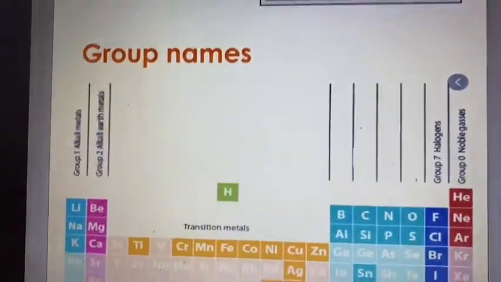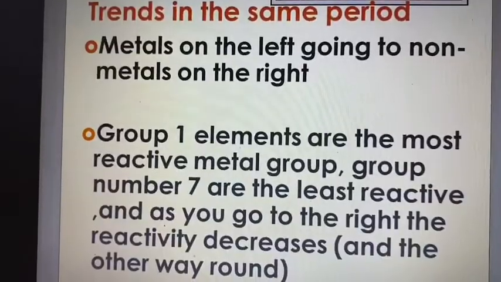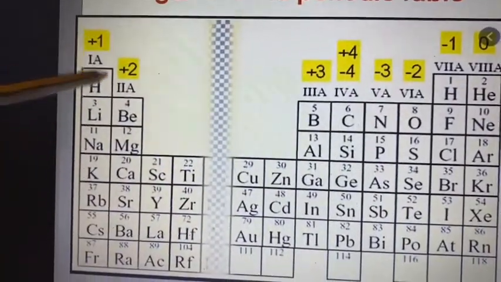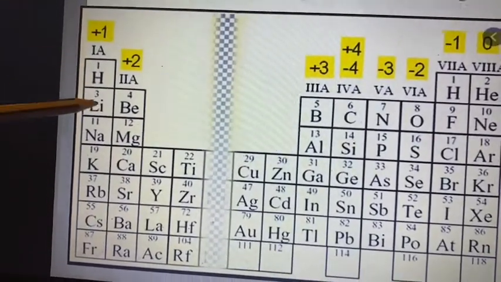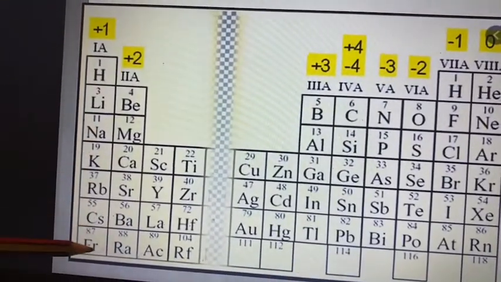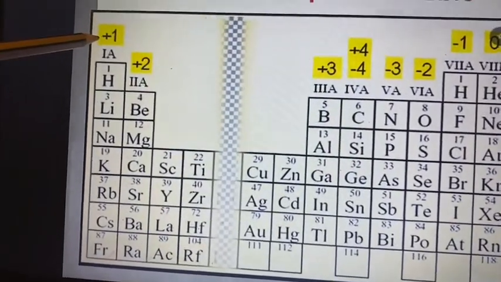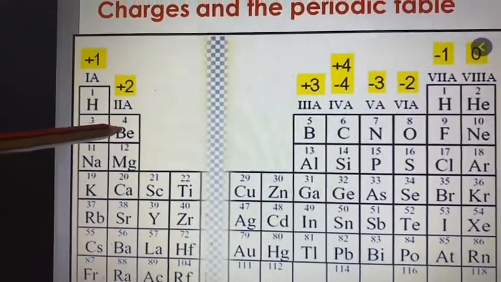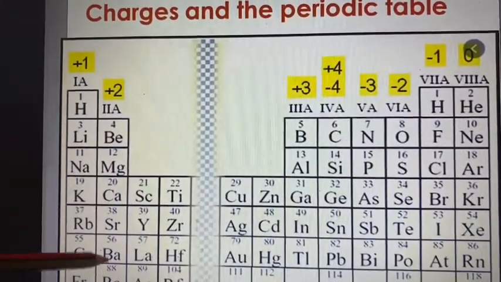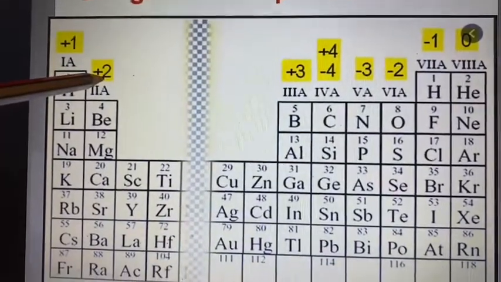So what we conclude is that the group number equals the valency. Lithium, sodium, potassium, rubidium, cesium, and francium all have +1 valency. It means they lose 1 electron. Beryllium, magnesium, calcium, and so on all have +2 valency.